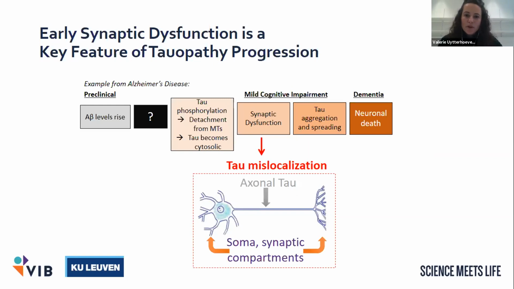So tau mislocalizes in the neuron in this stage and spreads to different compartments. And it would be very interesting to find molecular defects in this stage to find the cure for Alzheimer's disease, because in this stage, this synaptic dysfunction is reversible so that we can prevent neuronal death.